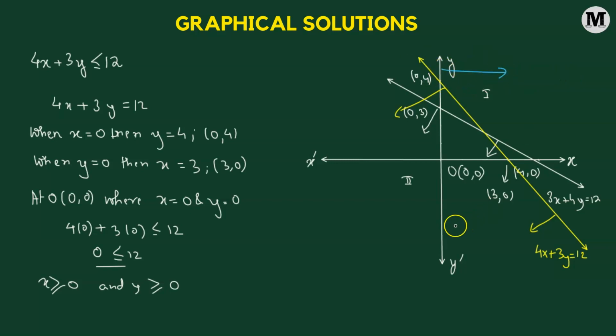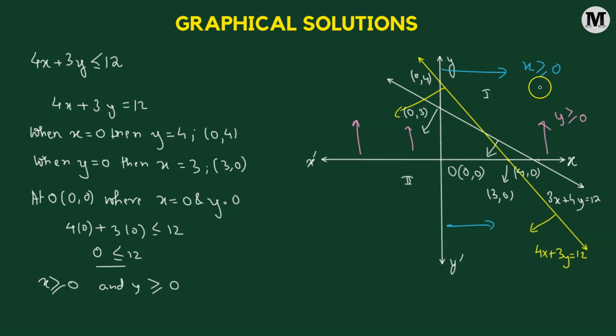And we have y greater than or equals to 0. This means we are going to consider the region that lies above the x-axis. Now this corresponds to y greater than or equals to 0. And then we have x greater than or equals to 0.